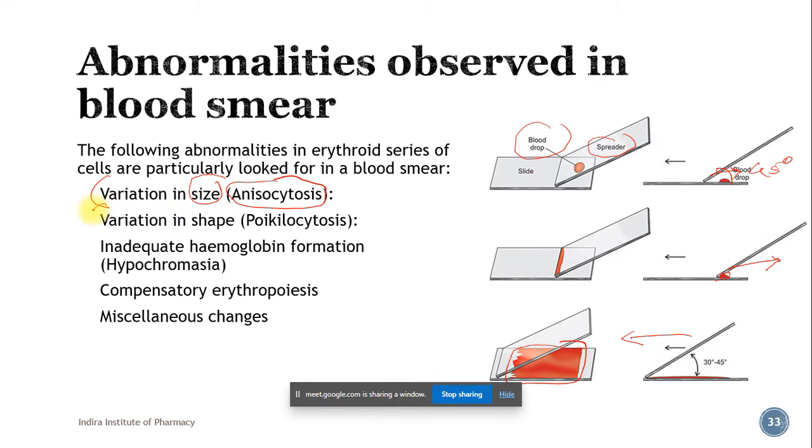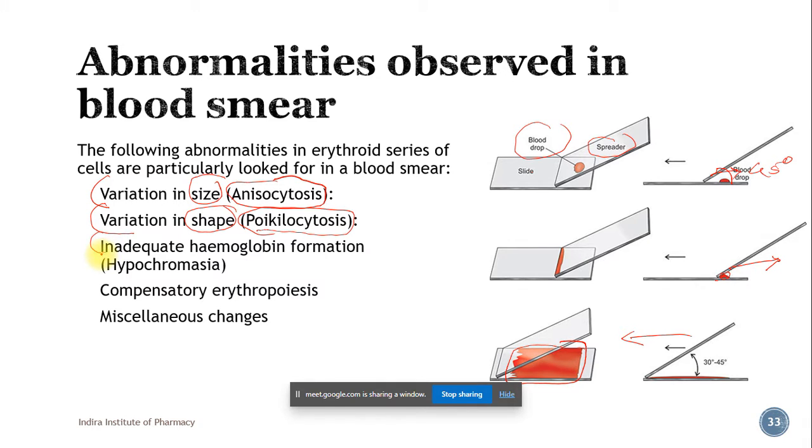Then there is variation in shape. We have studied that the shape of RBCs is usually disc shape, flattened centrally but disc shaped at the periphery. So if there is any variation in shape, this is called poikilocytosis.